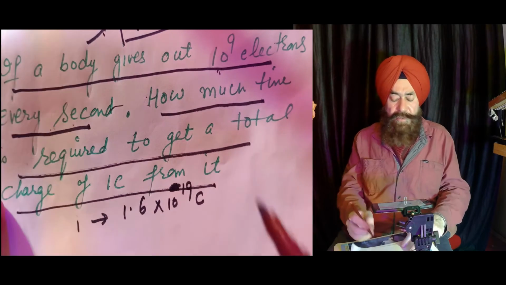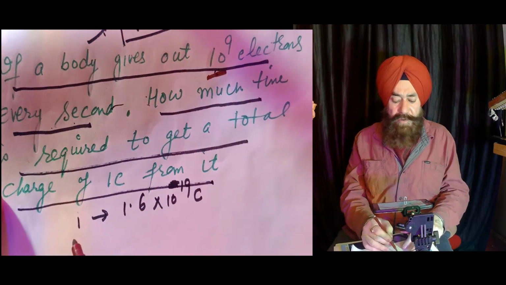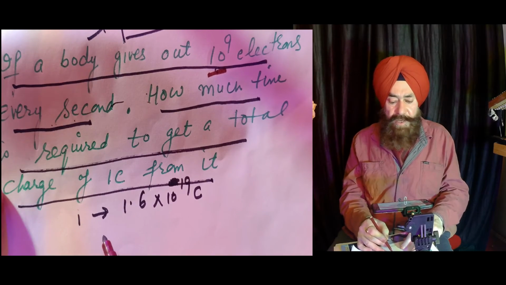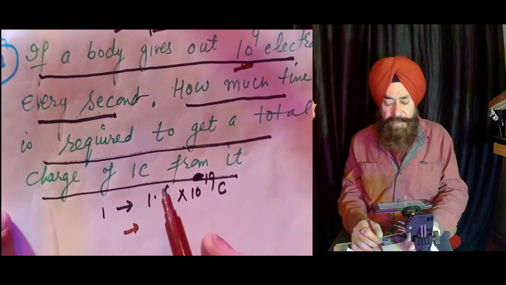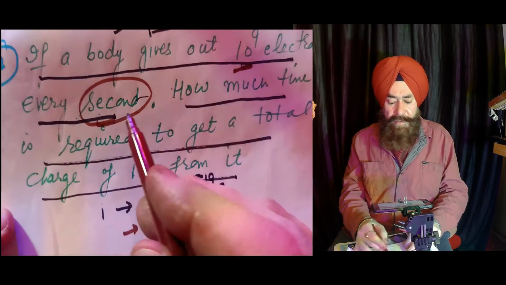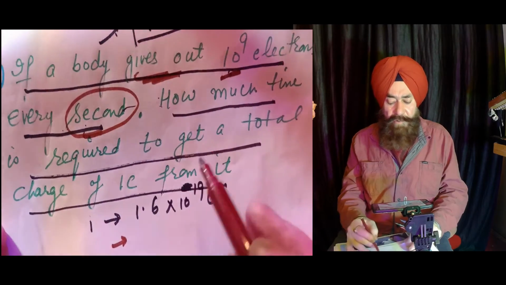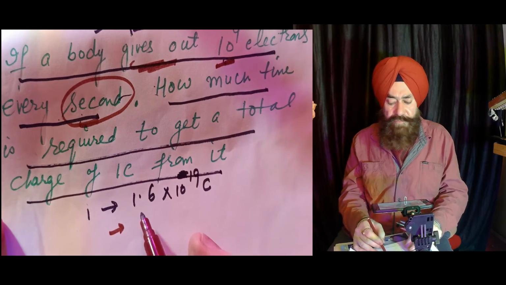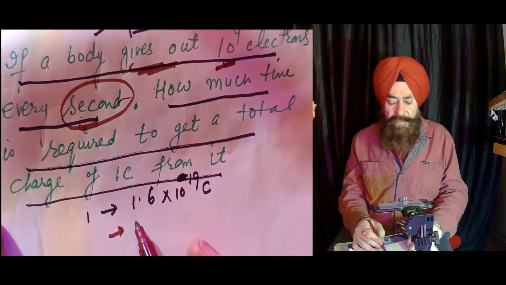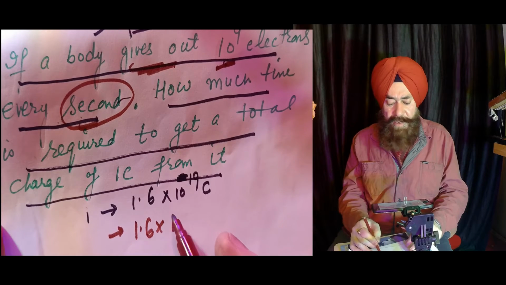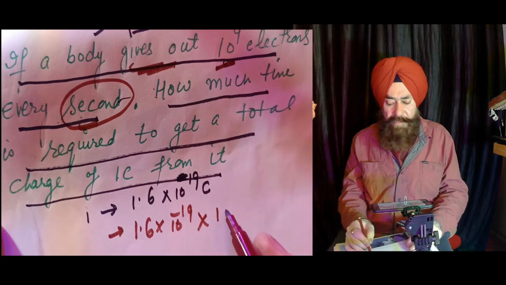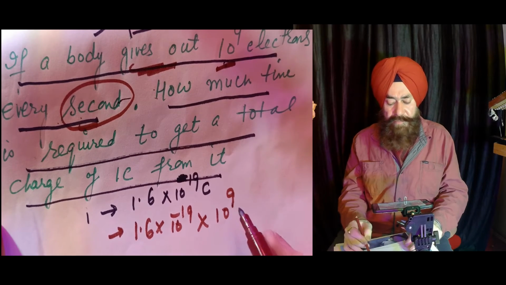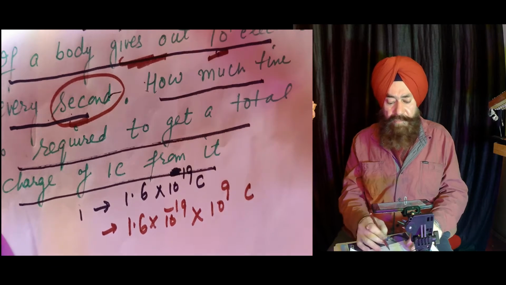And because there are 10 raised to the power 9 electrons, in every second, how much charge is the body giving out? 1.6 into 10 raised to the power minus 19 multiplied by 10 raised to the power 9, in coulomb.